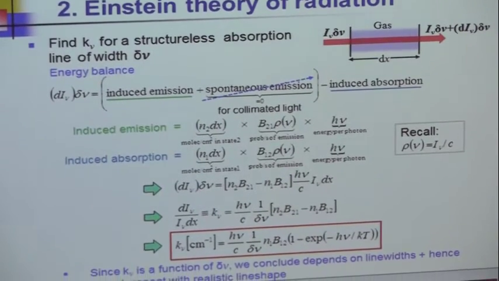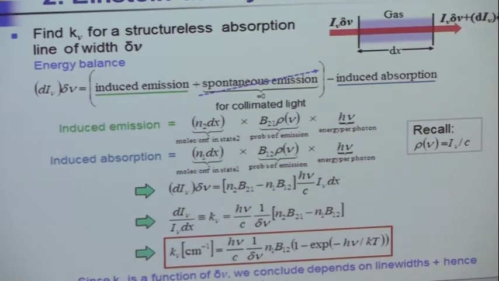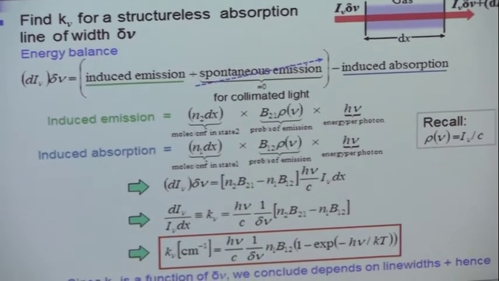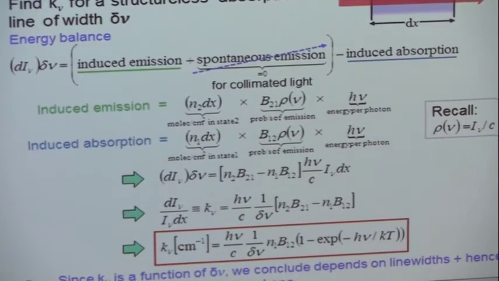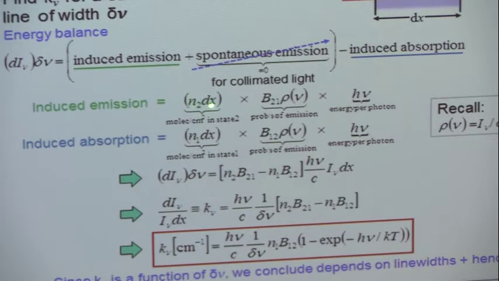Now, when I use lowercase symbols, that's usually number per unit volume. And if I use a capital N, that usually means total number. So that's the molecules per square centimeter in state 2, times the probability times the energies.